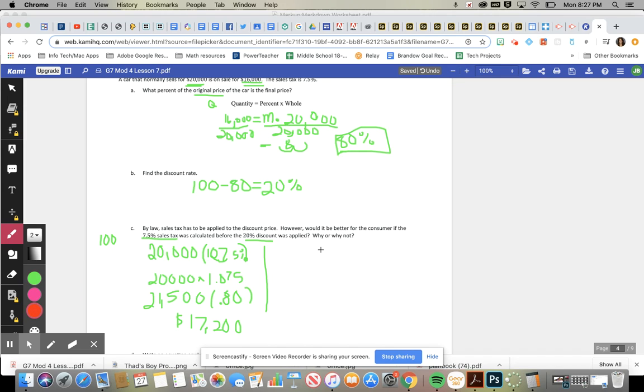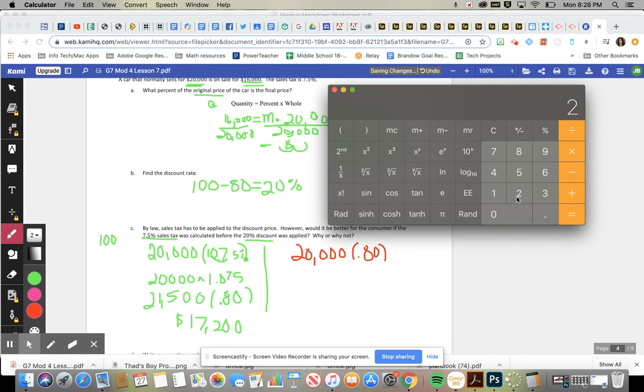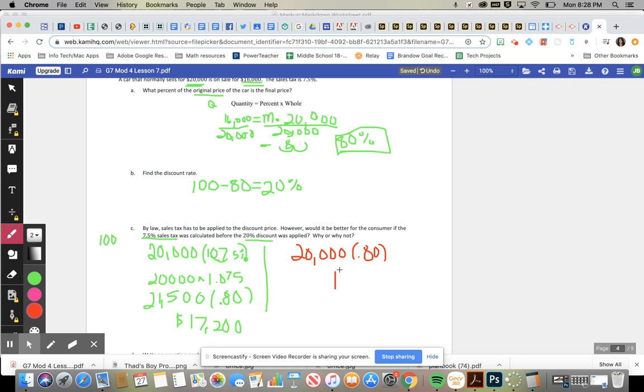And the other way said by law, the sales tax has to be applied to the discount. So let's do our discount first. So I'd have to do 20,000. Our discount was 20%. So 100 minus 20% is 80%, and we can write that as 0.80. So let's do 20,000 times 0.8. Okay, that gives me 16,000.